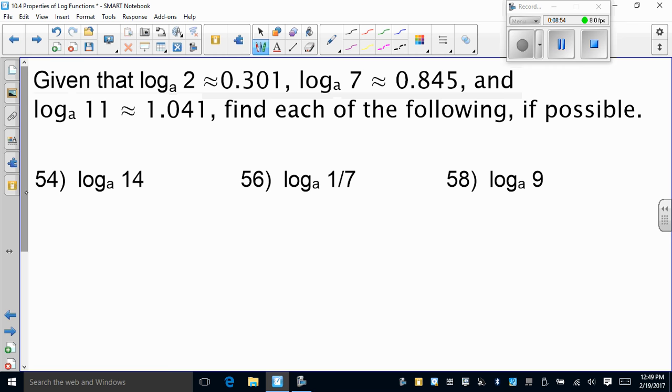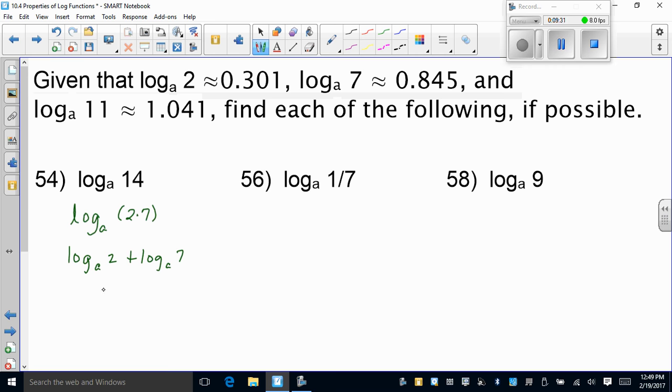Log base a of 14. They're giving you log base a of 2 is this value, log base a of 7 is this value, and log base a of 11 is this value. Find each of the following if possible. So this one here, well, we don't have a 14 up there, but we do know 14 is 2 times 7. And we have 2, and we have 7. So we can use the product rule. Log base a of 2 plus log base a of 7.